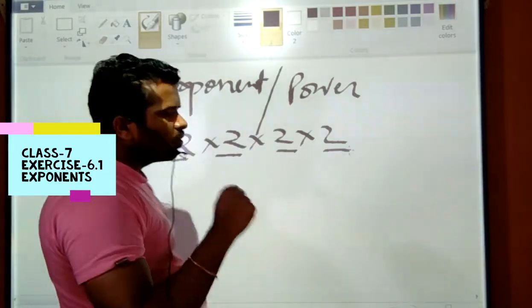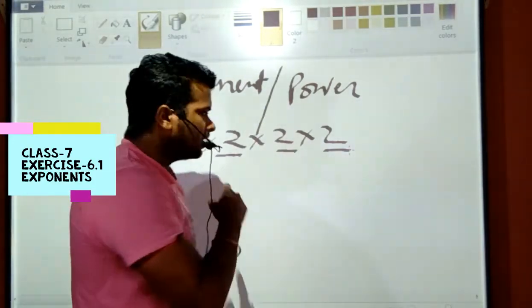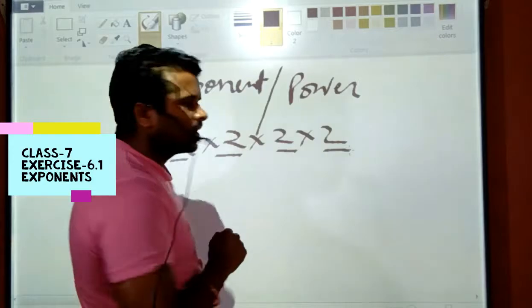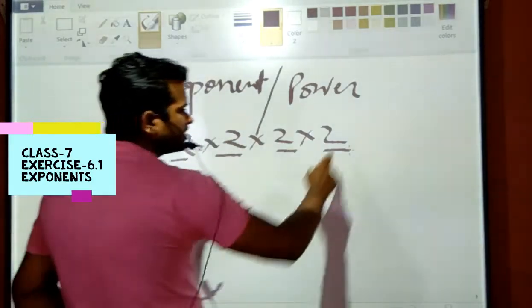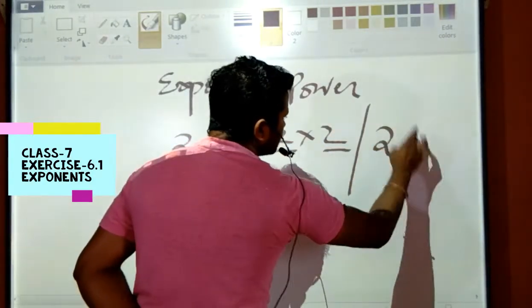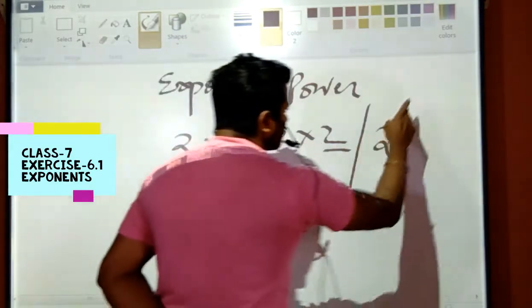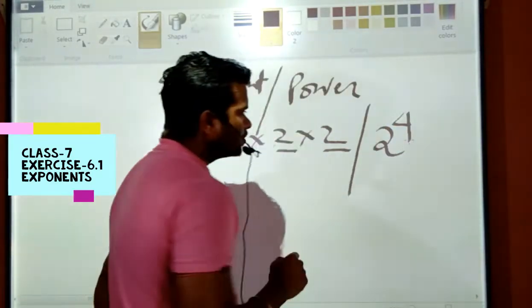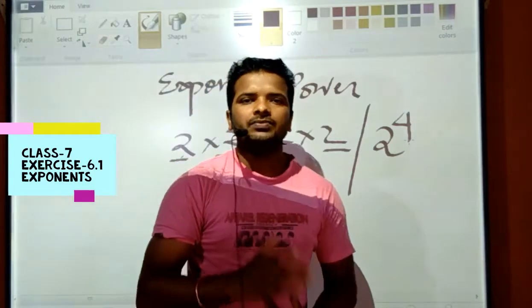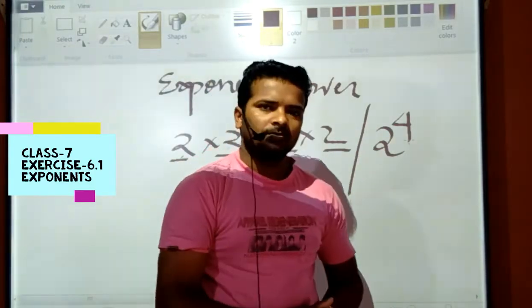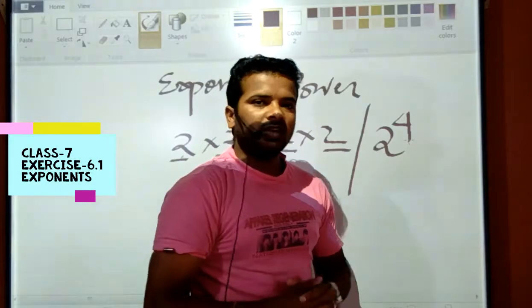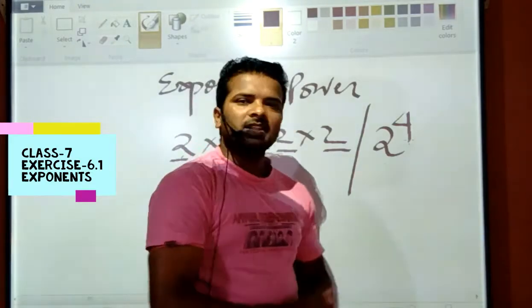This is called the normal, usual form. But when you write in exponential form, we write 2 and count 1, 2, 3, 4, so we write 4: 2 to the power 4, or 2 raised to the 4. That is called exponential form.